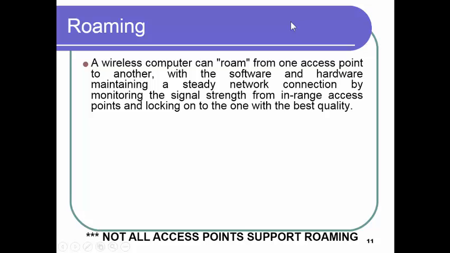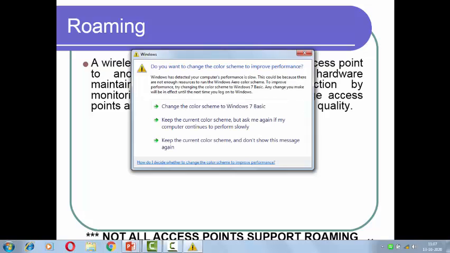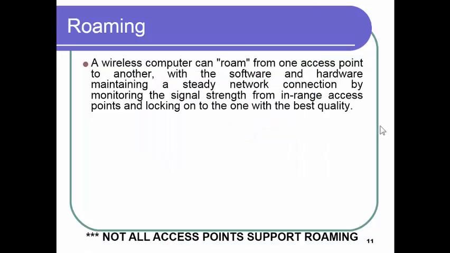About roaming, a wireless computer can roam from one access point to another with software and hardware, maintaining a steady network connection by monitoring the signal strength from in-range access points and locking on to the one with the best quality. So in this case it is observed that the signal quality or strength of the signal gets measured, and according to that the decision takes place.